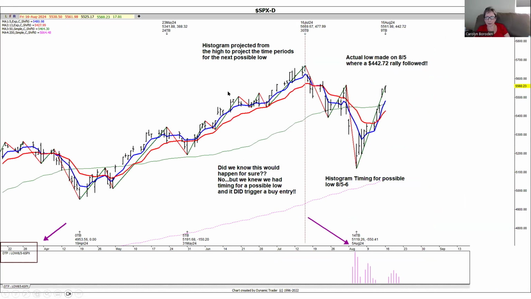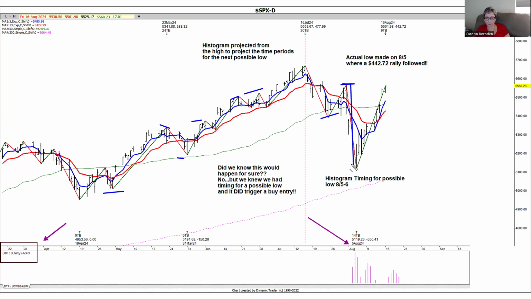I have one other example of where we had a histogram for a possible low. This was early August, where I ran a histogram. Okay, so the histogram from Miner's program, basically, I tell it which highs and lows I want it to use in the analysis. And I project, like from the last high, to project for the next possible low.